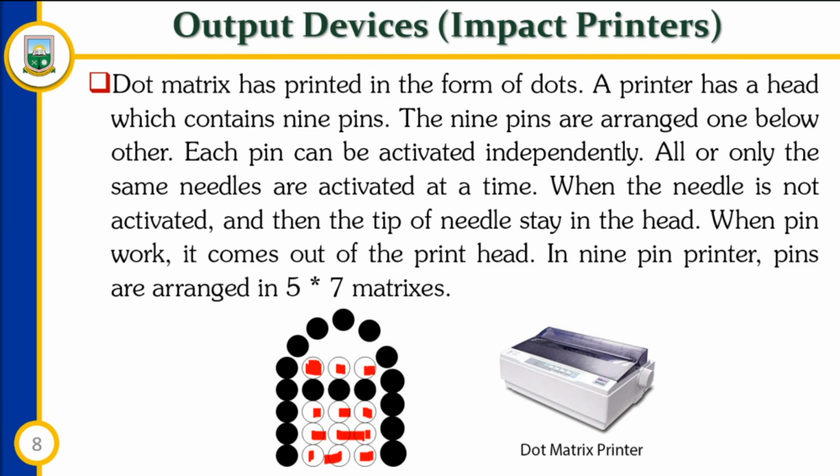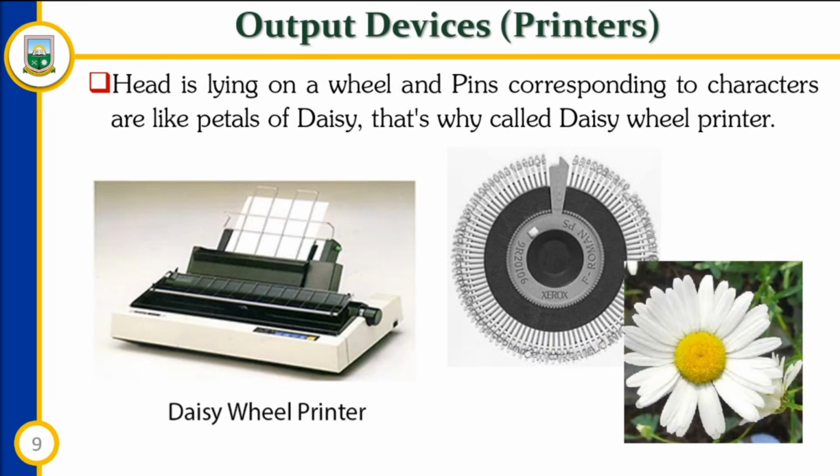Then the next impact printer that we'll talk about is the daisy wheel printer. The daisy wheel printer also has its own advantages. First, it has a head which is lying on a wheel, and the pins corresponding to each character are like petals of a daisy. So this is how the daisy flower looks like. The daisy flower has these petals.